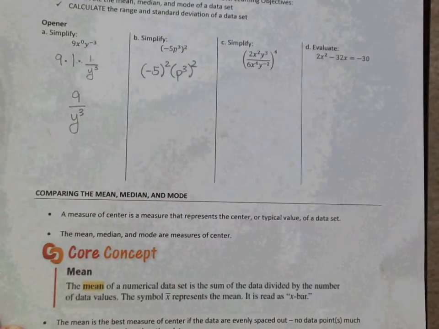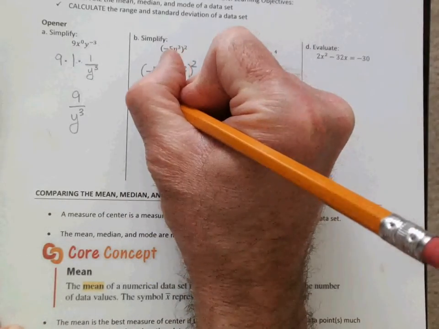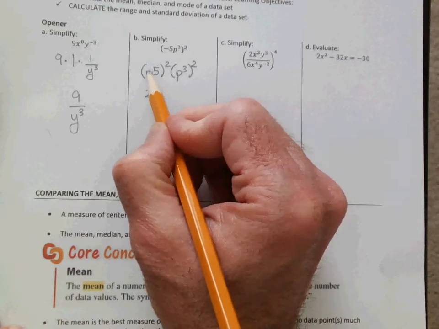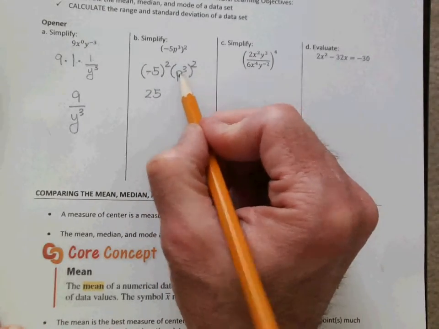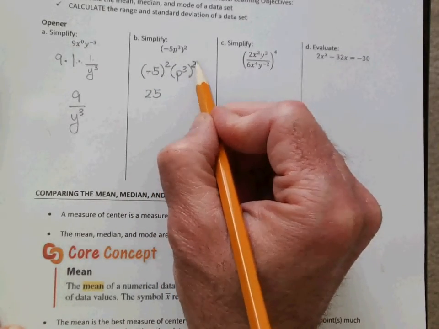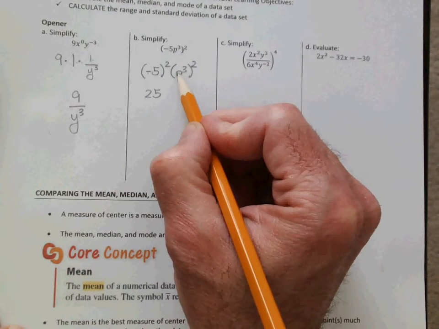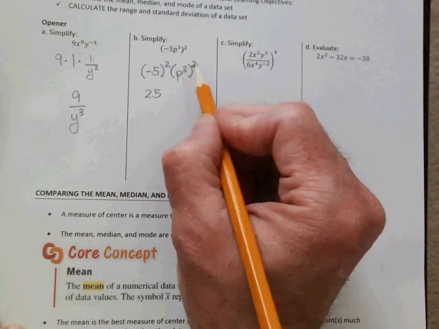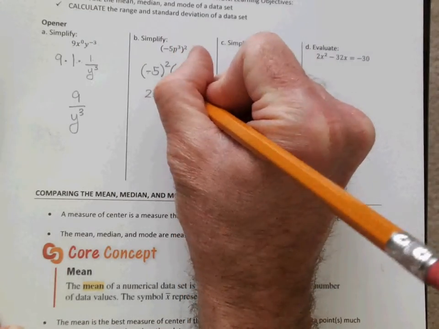Negative 5 squared is negative 5 times negative 5, or 25. And please be careful that you do have the parentheses. P cubed quantity squared. Since I see the p, the base, only once, the exponents are going to get multiplied, and that is p to the 6th.